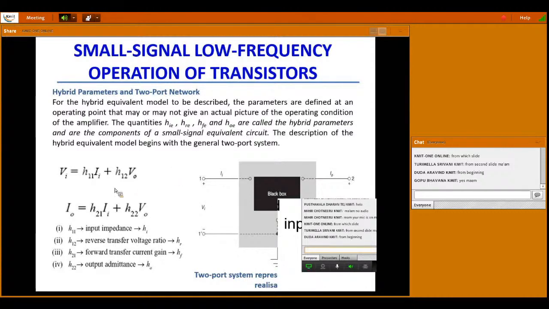Right. So now I wanted to ask you a question. Which are the independent variables and which are the dependent variables in a 2-port network? Anyone can answer? Tell me more.